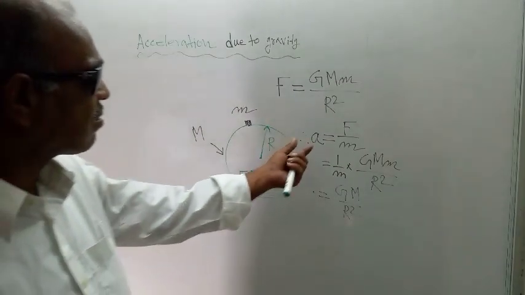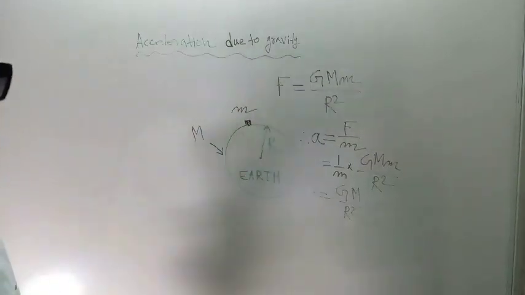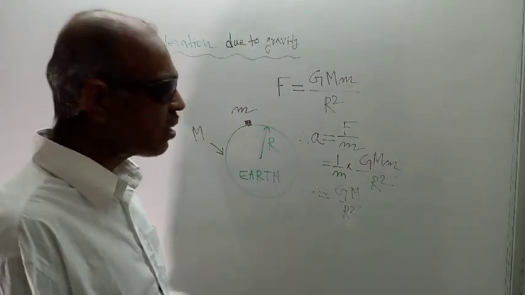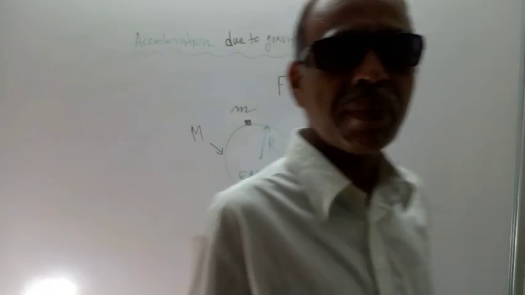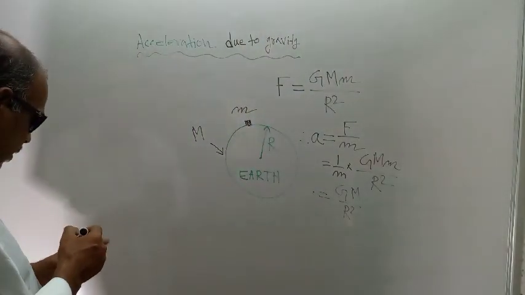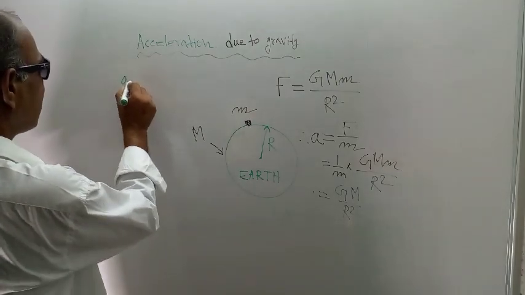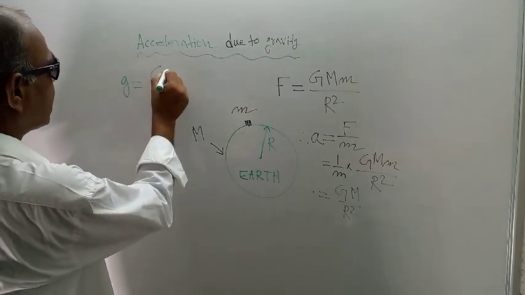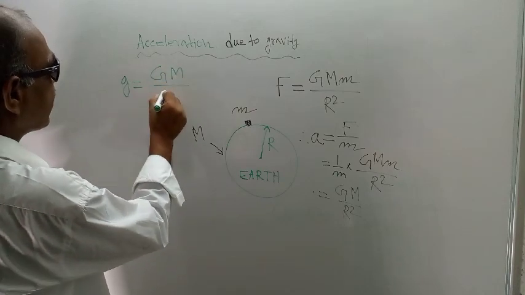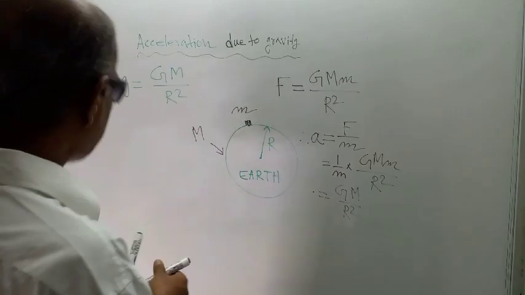So acceleration is this much. This acceleration is called acceleration due to gravity, and it is denoted by the symbol small g. Therefore, small g is equal to capital G into capital M divided by R square. This is small g.